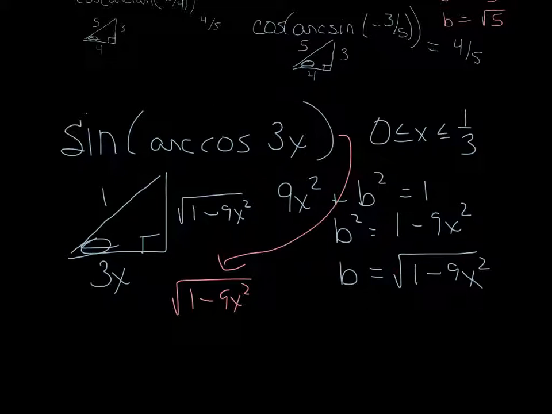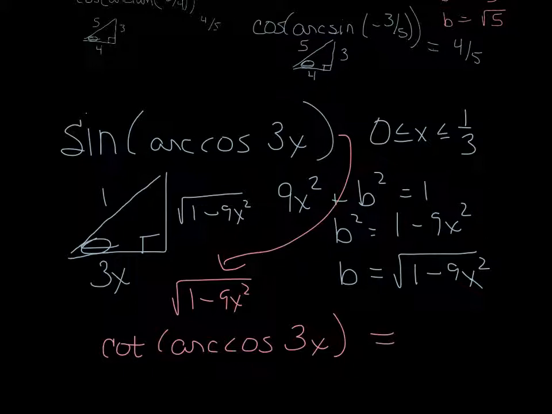What if I wanted to find the cotangent of the arc cosine of 3x? Since we're using the same inside, I can use that same triangle. What's the cotangent going to be?